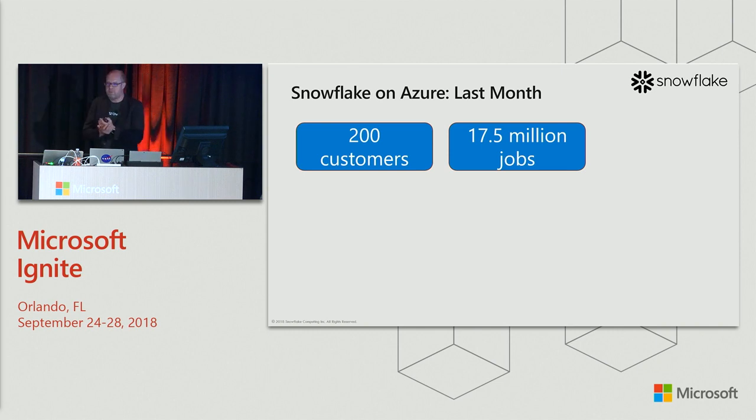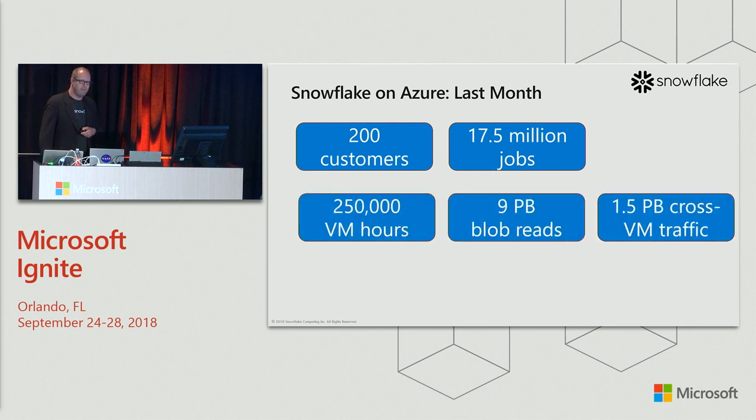Let me share some numbers with you. We have been in preview for several months now. We have about 200 customer accounts in the preview as of today. And over the last 30 days, they have run more than 17 million jobs. A job is essentially one of the queries like the ones that you saw, metadata, access operations, data load operations, so everything that you essentially do, every request that you submit to Snowflake.